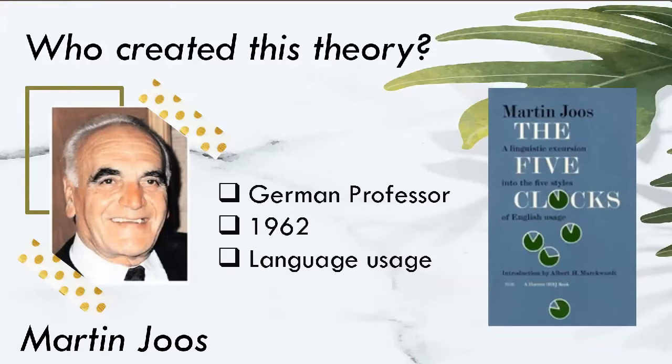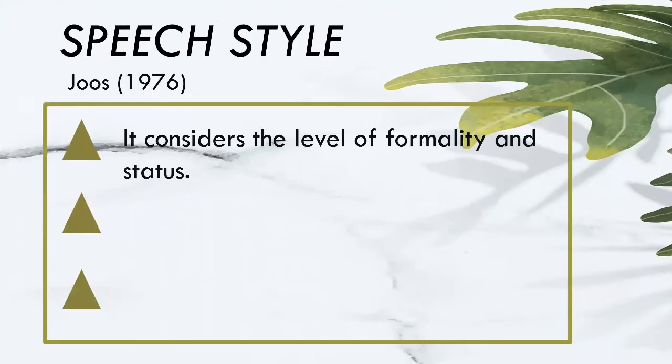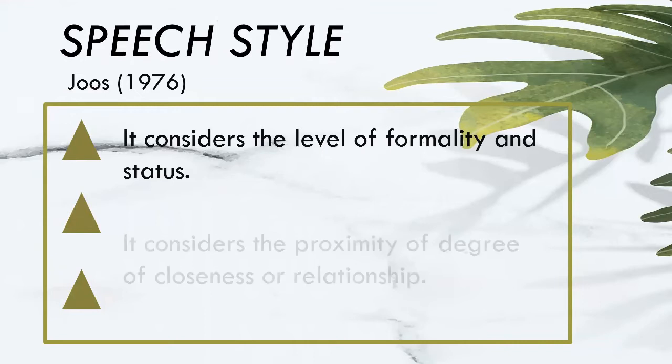The proponent behind the different speech styles is known as Martin Joos, a German professor who studied language use. According to him, there are 5 styles when it comes to the English language. He underscored that speech styles consider the level of formality and status.